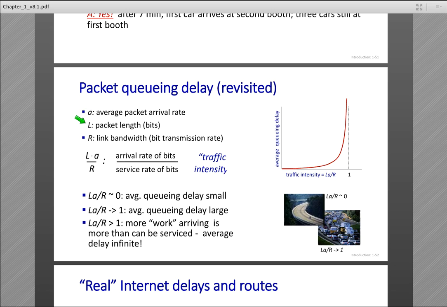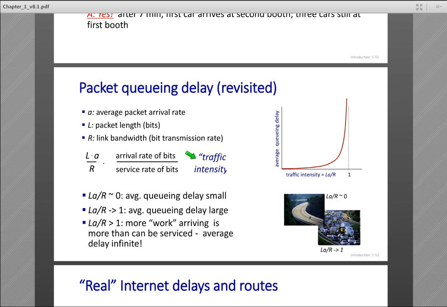Okay, and the bandwidth of the link is R bits per second, or the transmission rate of the link is R bits per second. We define traffic intensity as this: L times A divided by R. This is traffic intensity.